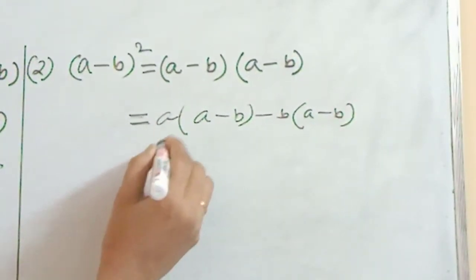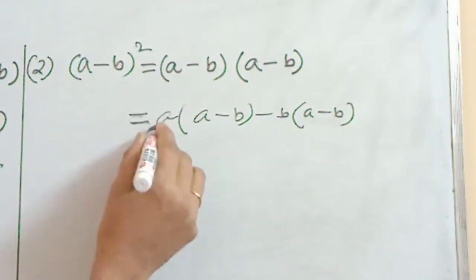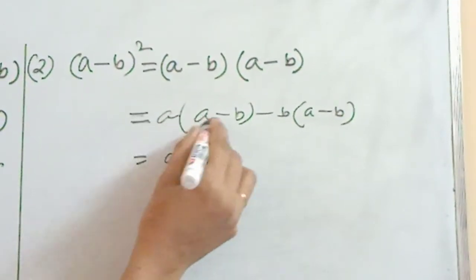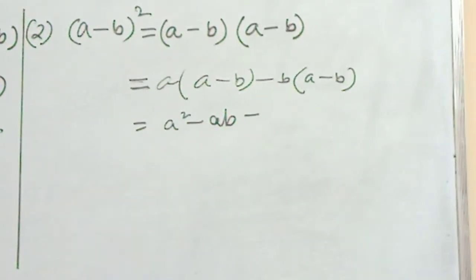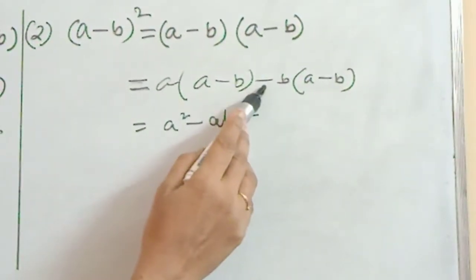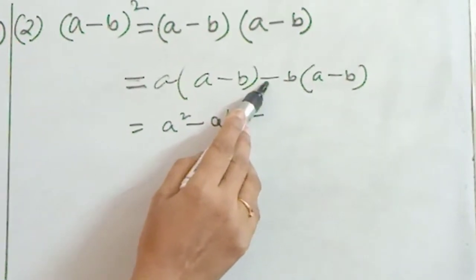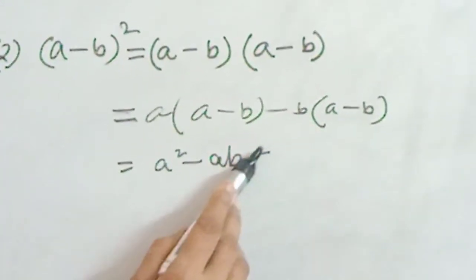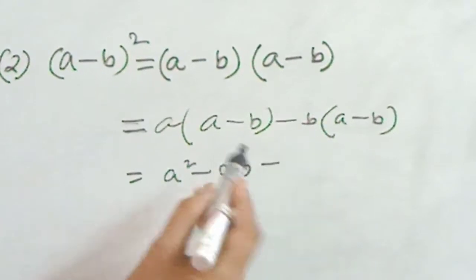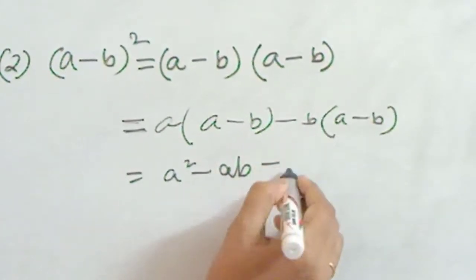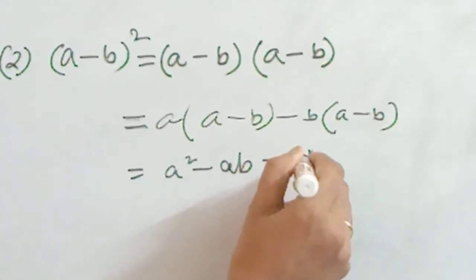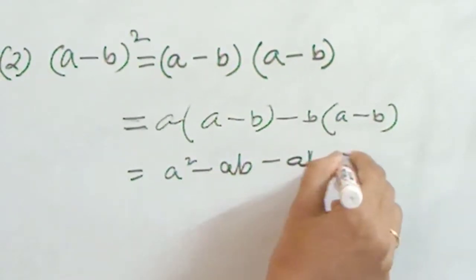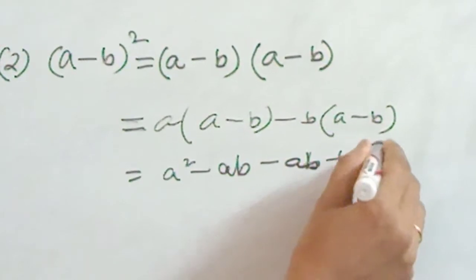Okay. Now monomial to binomial: a into a, a square, minus a into b, ab. Now here you have to concentrate: minus is outside. When minus is outside and you are opening a bracket, then the sign will be changed. So minus b into a is minus ab, and minus into minus is plus, b into b, b square.